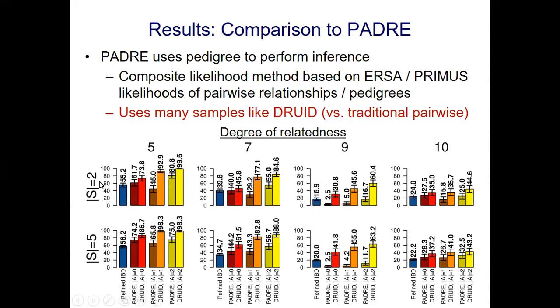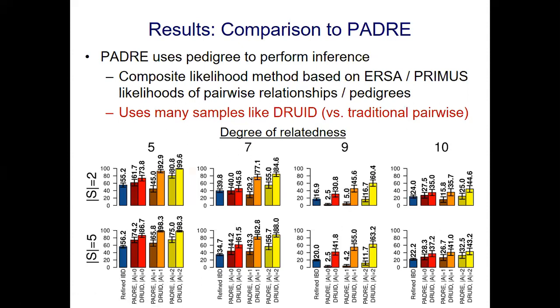What we have here is just results for either 2 siblings or 5 siblings. And we have, once again, inclusion of either 0 aunts or uncles, so this is just 2 different sets of siblings that are distantly related to each other, or 2 siblings where each side has 1 aunt or uncle, and again, 2 sets of siblings where each side has 2 aunts or uncles.